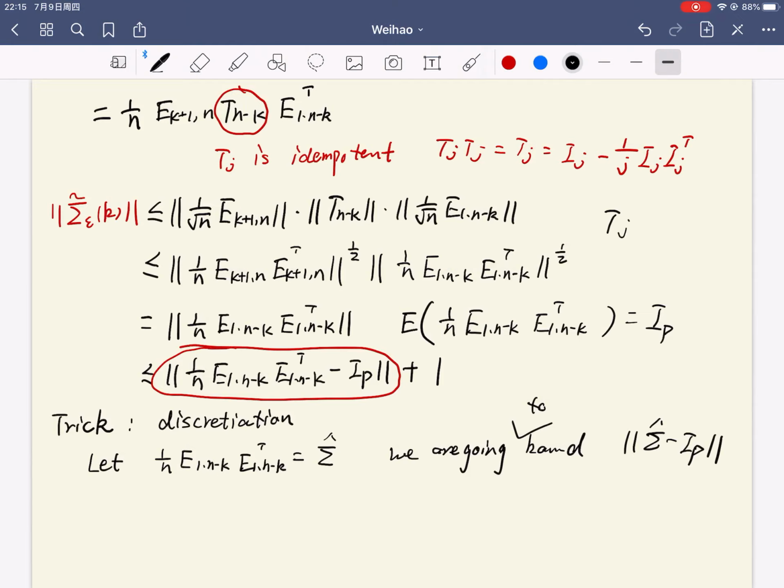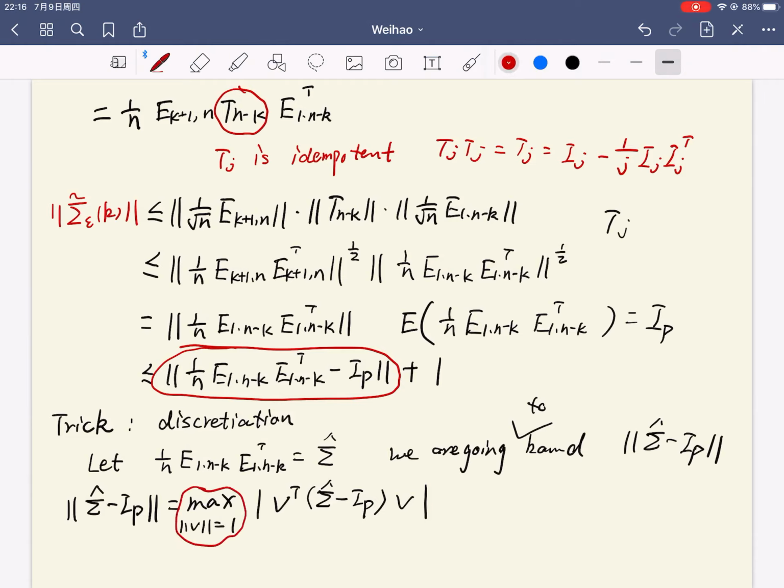Here, by the definition of the operator norm, as well as the property that sigma hat and the identity matrix are symmetric, we can use a variational representation of the operator norm, which is given by this. Notice that there is a maximum.